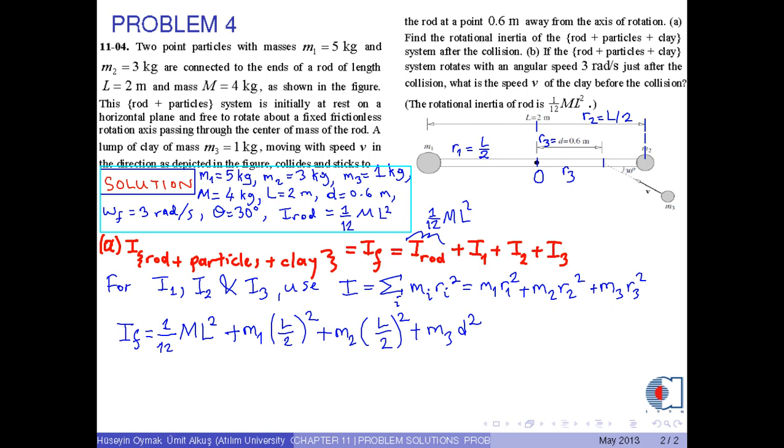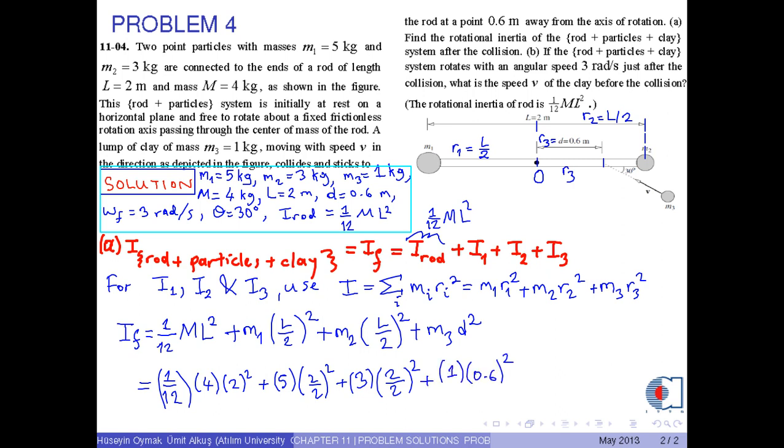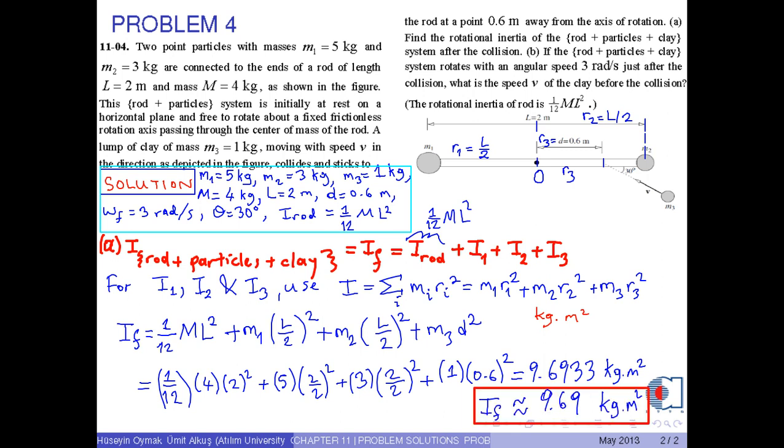Now we substitute the corresponding numerical values into this equation. Therefore, we calculate the rotational inertia of the system after the collision as 9.6933 kilogram times meter squared, and it is approximately 9.69 kilogram times meter squared.